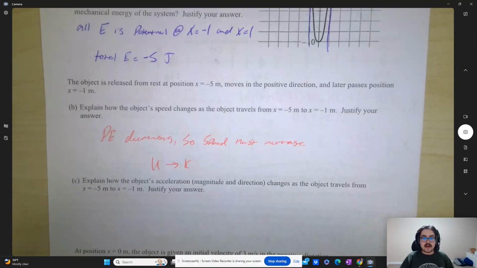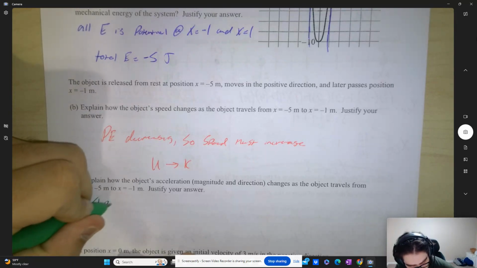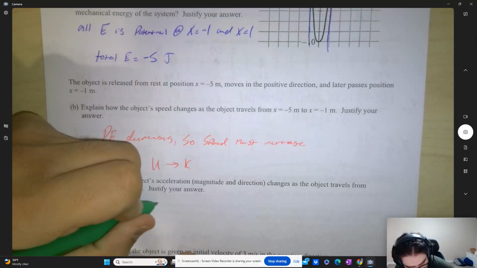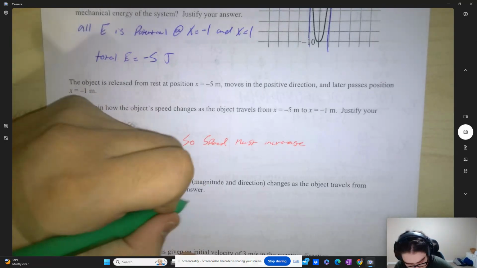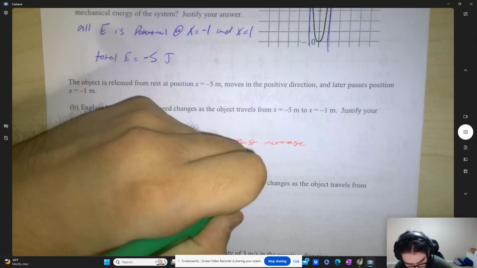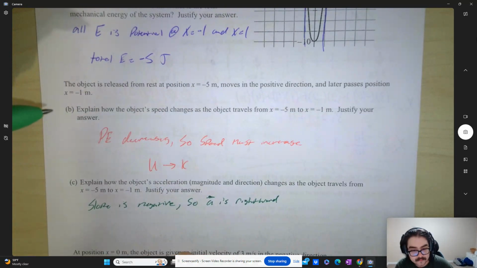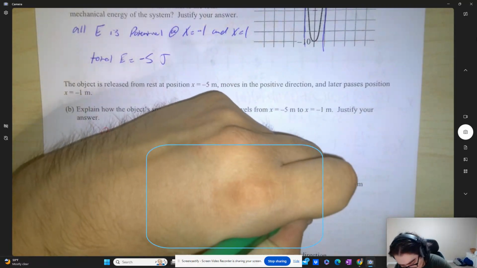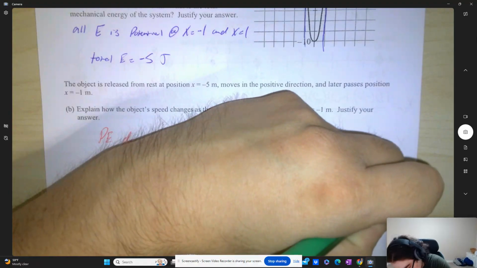How does the acceleration change as the object moves? Well, the entire time, slope is negative. So a is rightward. And you can also think of it as towards lower potential.